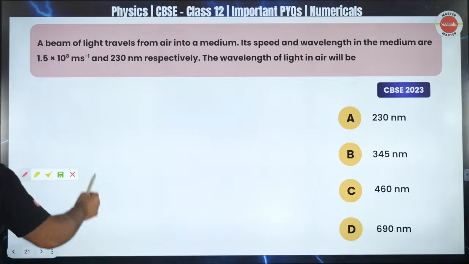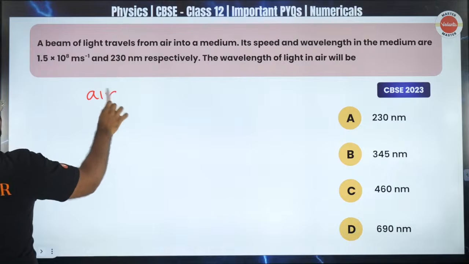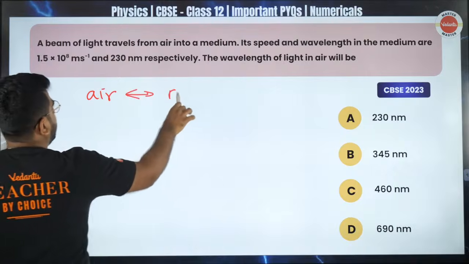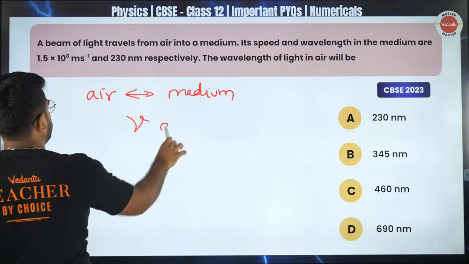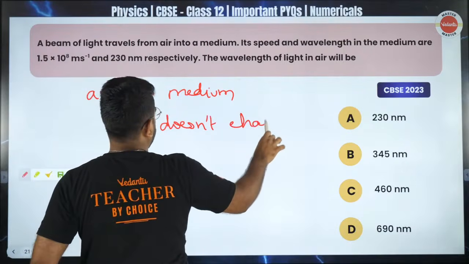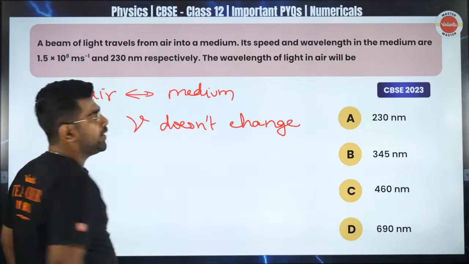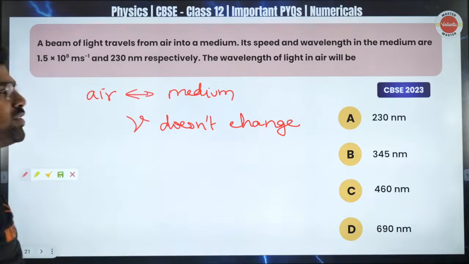When light goes from one medium to another, from air to a medium or whatever, what doesn't change? Your frequency does not change. Please remember that. That is very important. What does not change? Your frequency does not change.